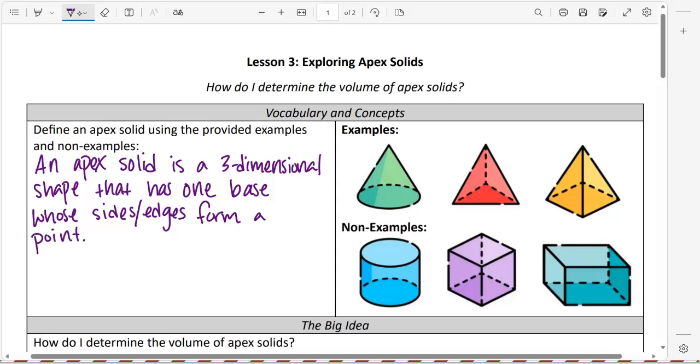Okay, so basically this word apex here means point, like the highest point of something.